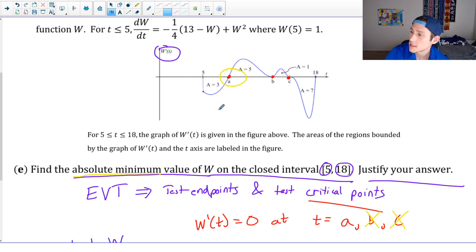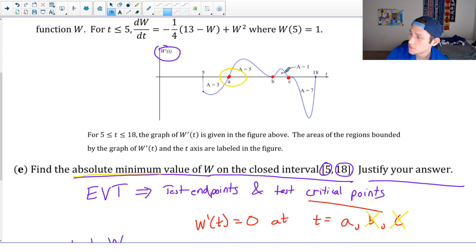The only place that happens out of A, B, and C is here, at A. At B, the derivative is positive, so it's increasing. It hits B and then keeps increasing, so it does not go from decreasing to increasing, so this can't be a minimum.